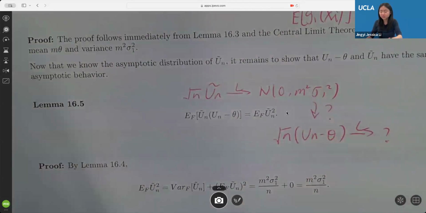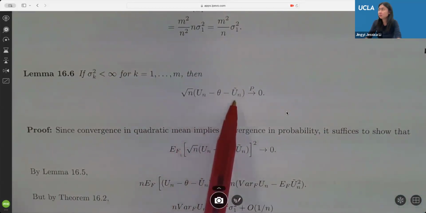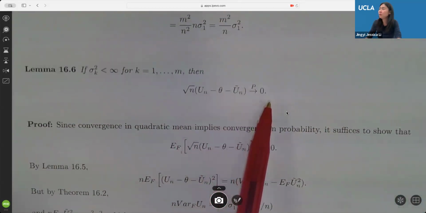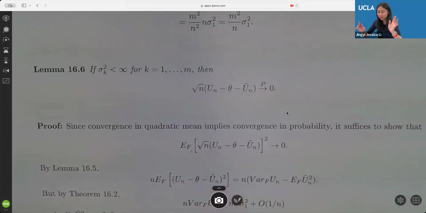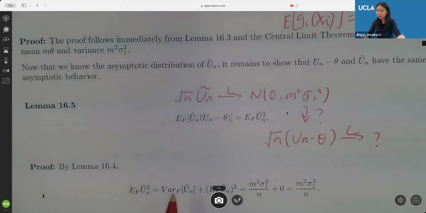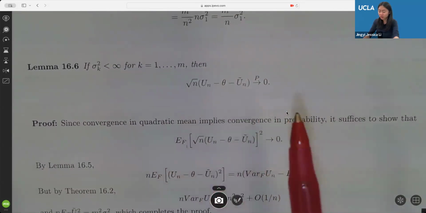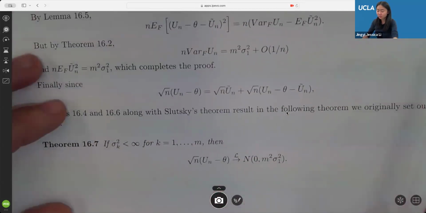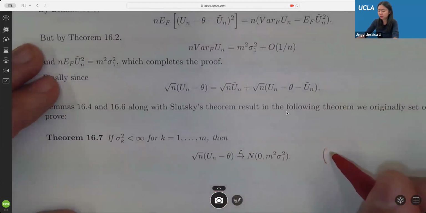Another technical lemma is this one. We want to say that their difference is going down to 0 in probability. So with all these lemmas, I would say that this lemma result will be used in this one. And with this one, then finally we get to the asymptotics of the U statistic. This is the final result we desire.